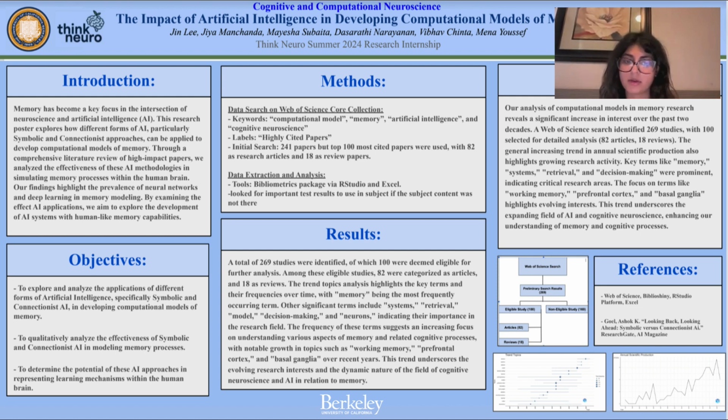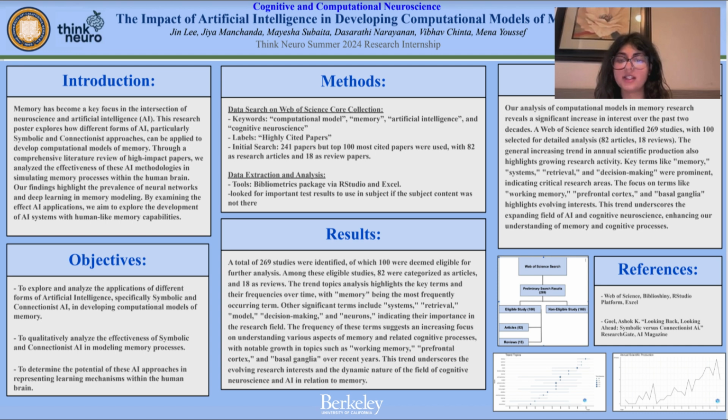Our second objective was to qualitatively assess how effective these two different approaches were in simulating the memory process itself. This would include understanding how the models can replicate the memory formation process, storage process, retrieval process, the whole end-to-end system.